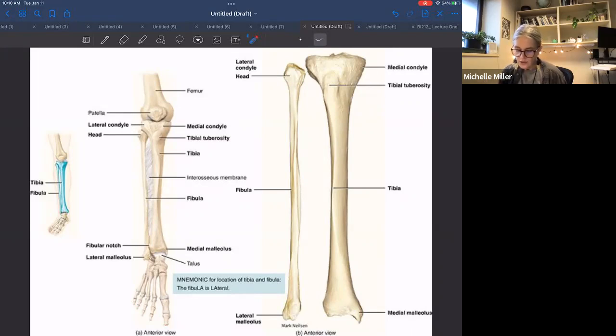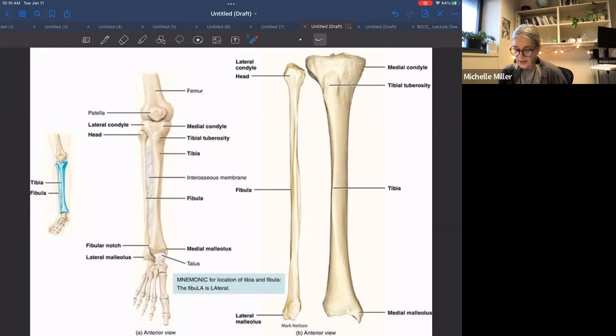And so interestingly, when we look at the distal articulations and the distal structures on the tibia and fibula, these are actually the knobs of the tibia and the fibula. So those knobs that you have on the side of your ankle are not actually ankle bones, but they're actually the tibia and the fibula. We talked about that in the wrist too. Those knobs that you have are actually the radius and the ulna.